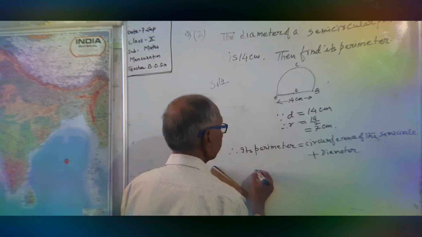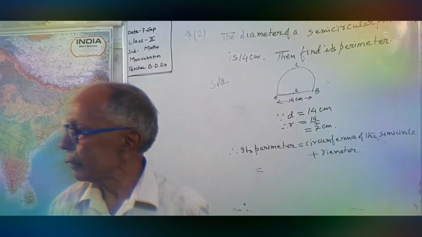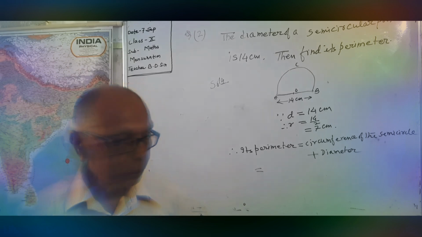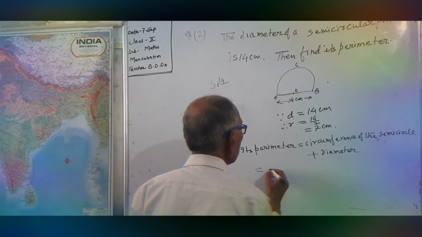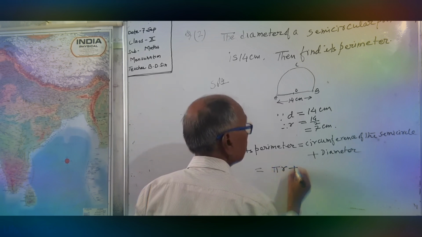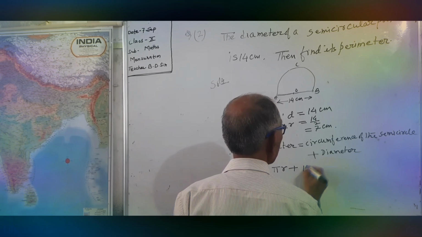Its diameter. You know that circumference of a circle is equal to 2 pi r. Circle, but semicircle is equal to only 2 pi r by 2, means pi r, plus diameter 14.